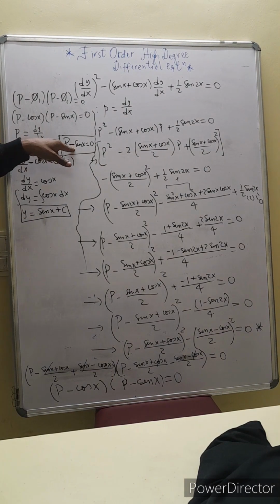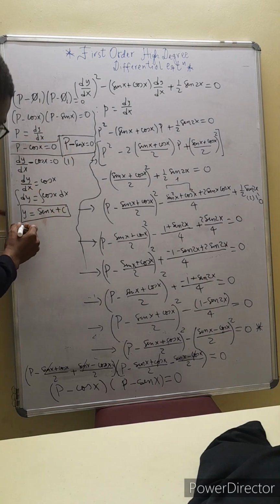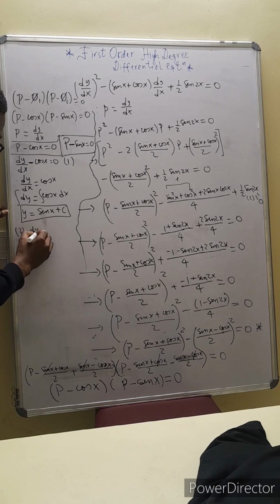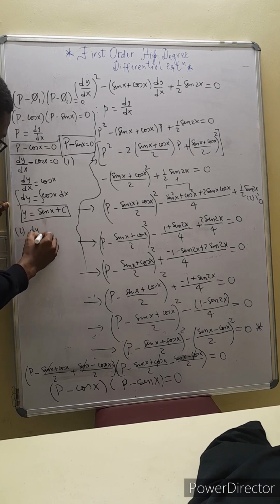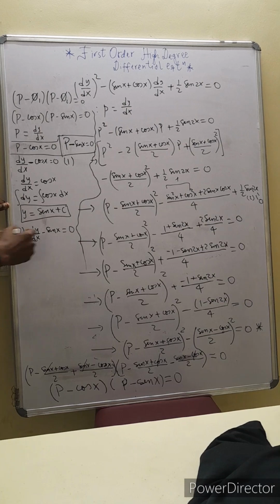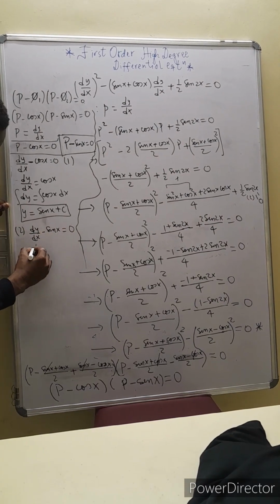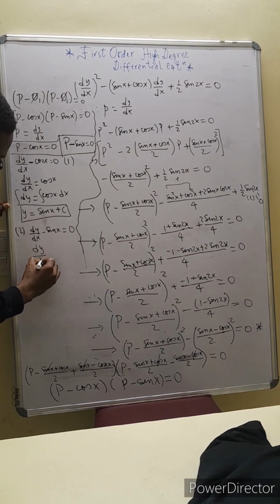Now we are going to calculate for the second one. In the place of P, we are going to put dy by dx. Dy by dx minus sin of x is equal to 0. Here we will do the same. So dy by dx is equal to sin of x.